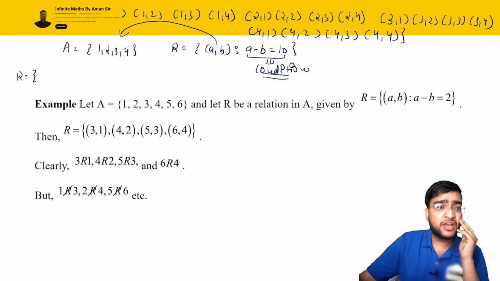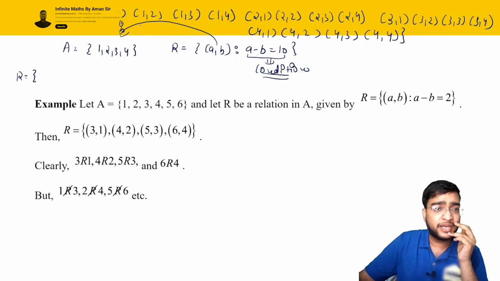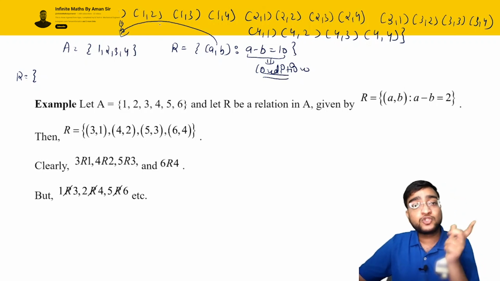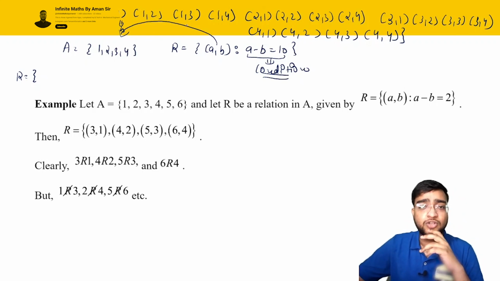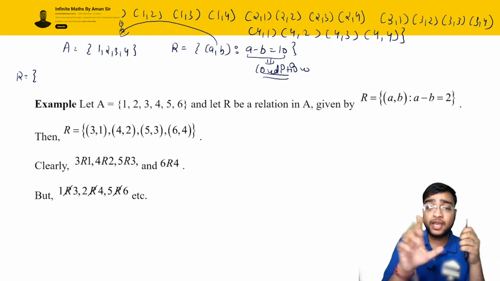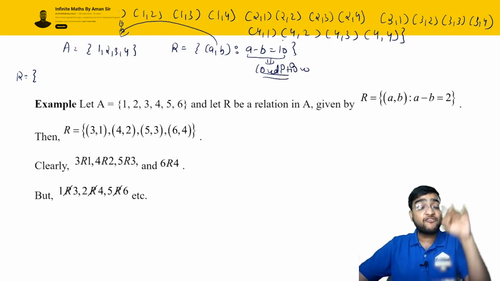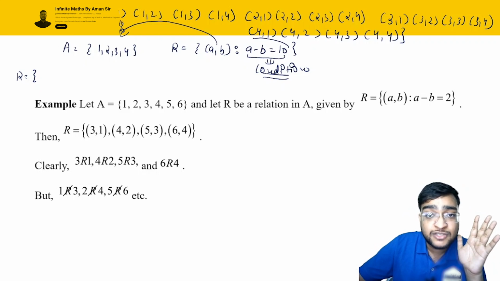I can say, sir, if the 1 is a here and the 1 is b here, because this represents a comma b, so 1 minus 1 actually is 0, so this condition is not true. 1 minus 2 here is minus 1, so this condition is not true. Is there any element that gives the difference of 10? You can say no sir, there is not a single element here that comes with the difference of 10 here.